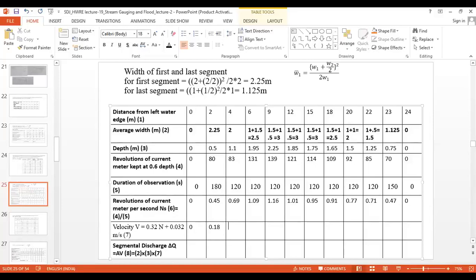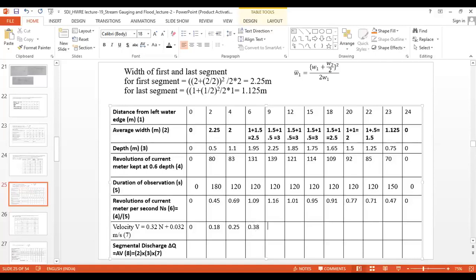Yes sir. Okay, do the calculations fast. 0.69 into 0.32 plus 0.032, 0.25. Then 0.32 into 1.09 plus 0.032, that is 0.38.